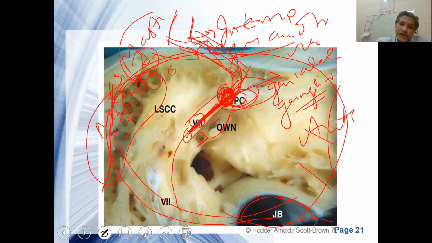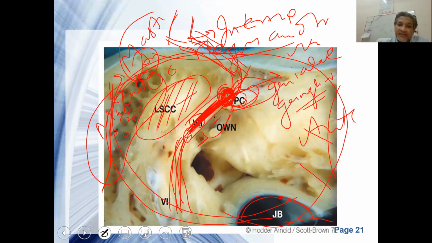So this part is called the tympanic segment of the facial nerve, and this part is called the mastoid segment of the facial nerve. In between the lateral semicircular canal, this prominence is attributed to the lateral semicircular canal, and the stapes foot plate lies the facial nerve, or you can say that just above the foot plate of the stapes is the facial nerve in most of the cases.